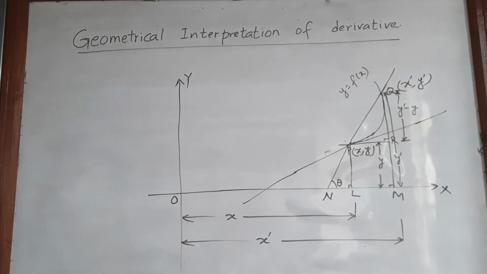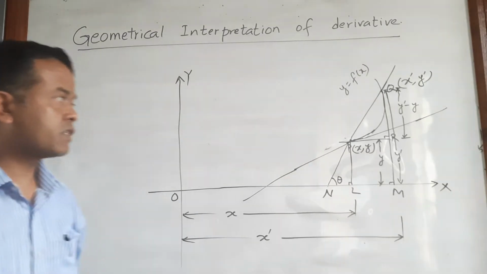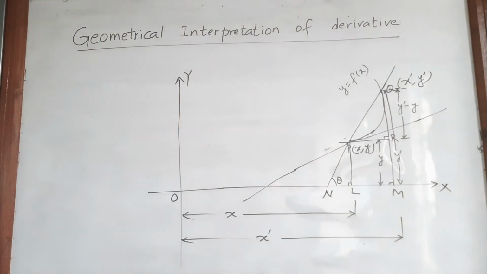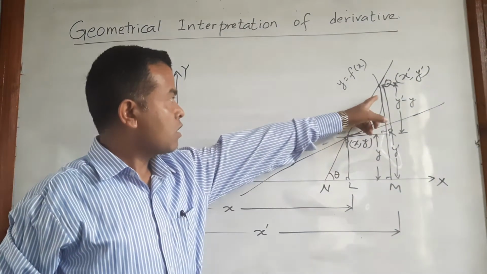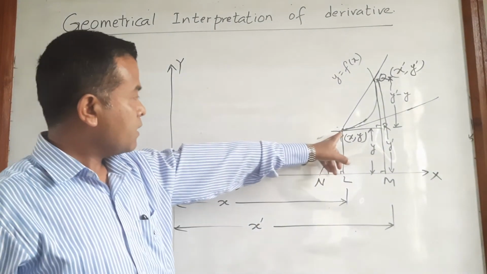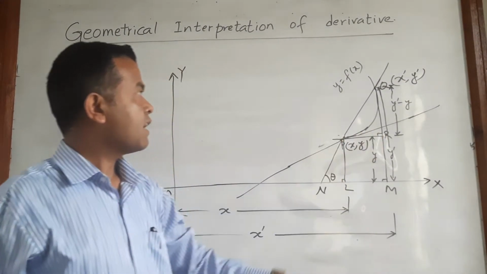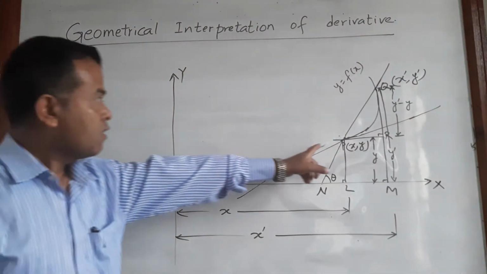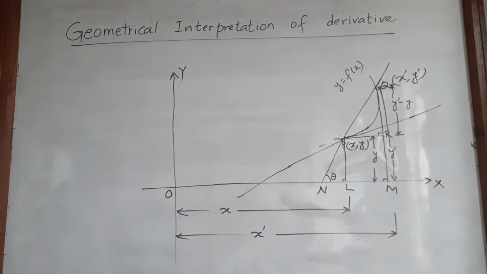Here y equals f(x) is a continuous curve, and P(x, y) and Q(x', y') are any two points on the curve. When P moves along the curve to Q, it moves horizontally through distance PR and vertically through distance RQ, and when we join P and Q, PQ is a secant to the curve.